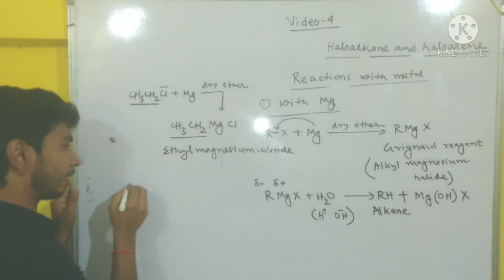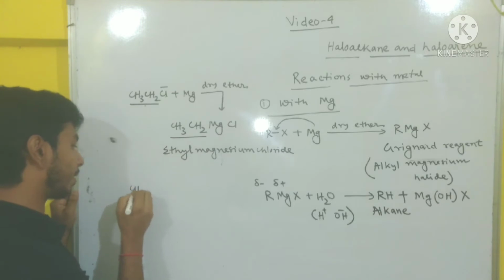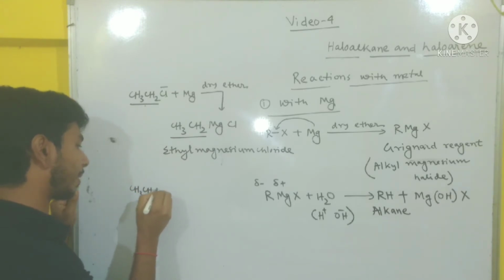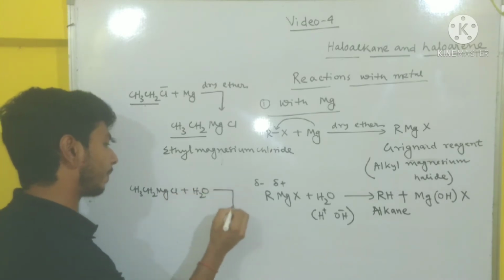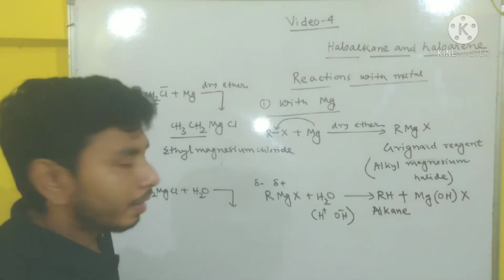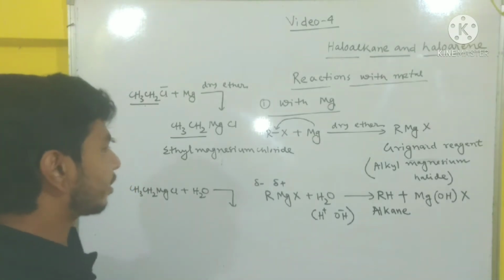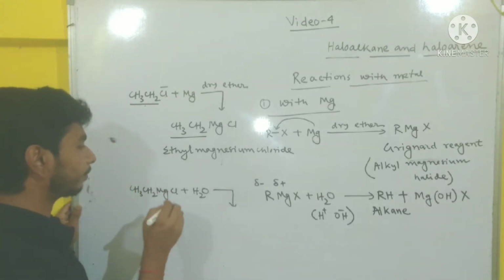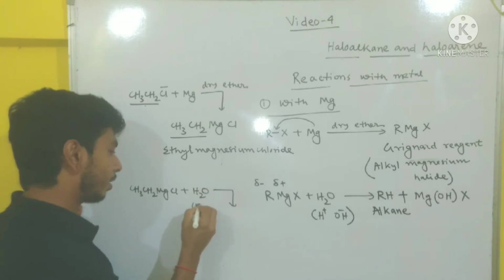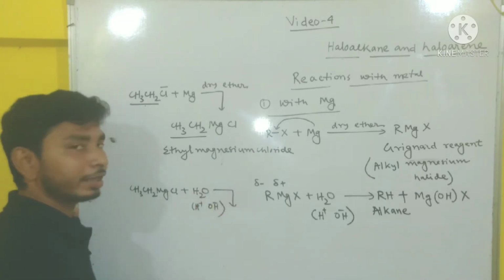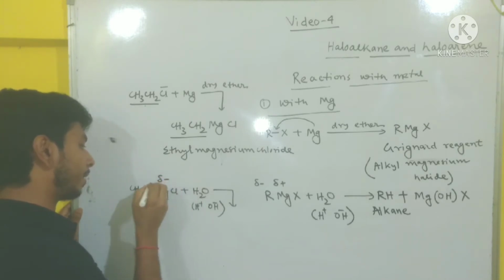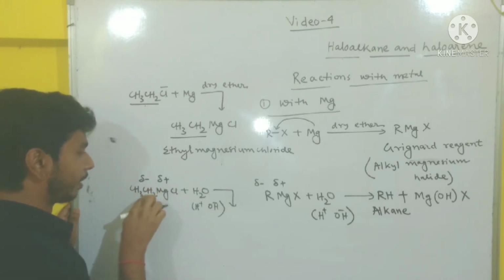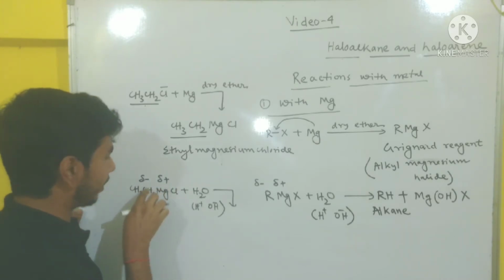Now when this ethyl magnesium chloride reacts with moisture, what will be the product? The water is H plus OH minus. Magnesium is plus, carbon is minus.